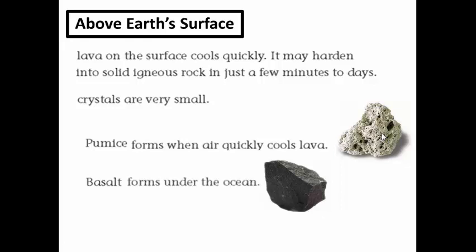So basalt forms under the ocean. It means when the lava comes from the volcano and hits the water, it can change into basalt. Basalt formed when water cools lava, but pumice forms when air cools lava.